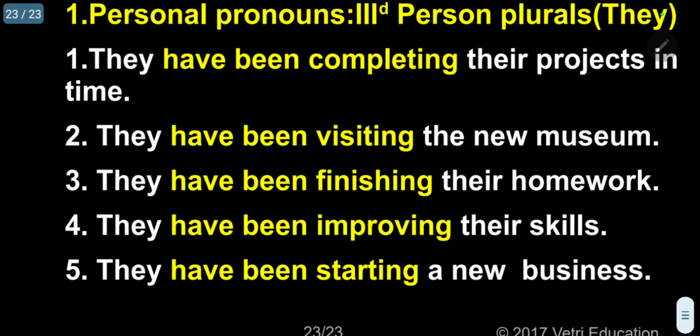Otherwise, you may commit mistakes. So next, I'll go for the next tense, past tense, and there are 4 types. I will discuss one by one. So see you again.